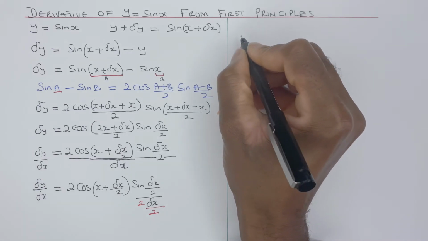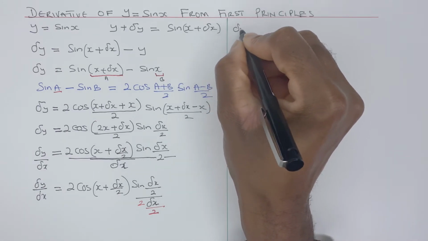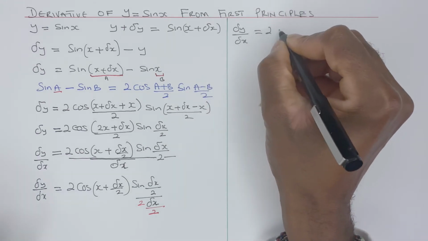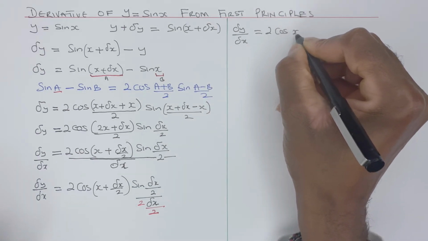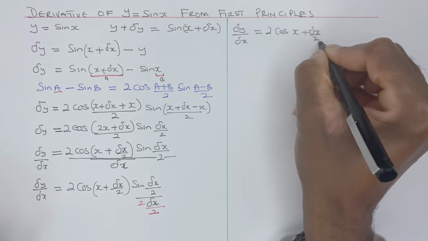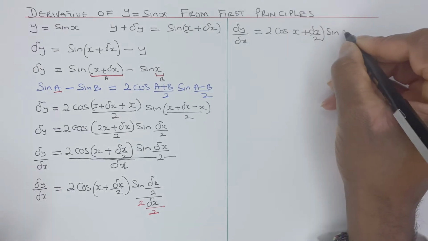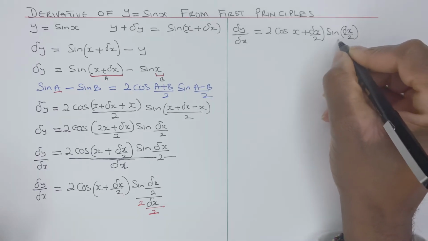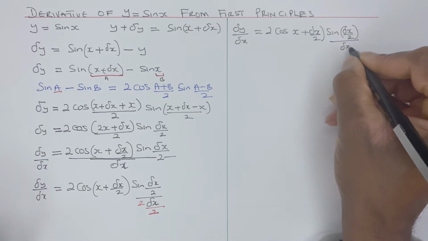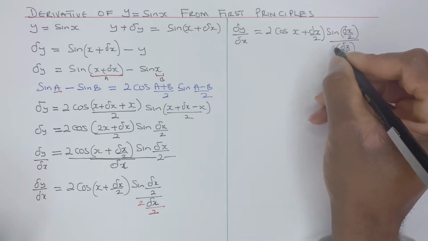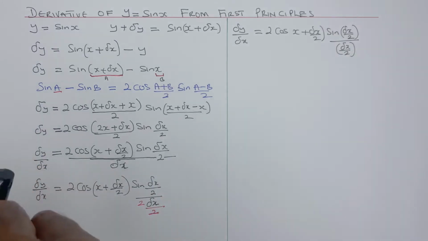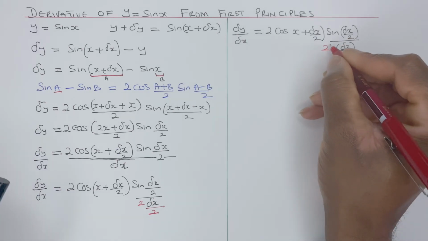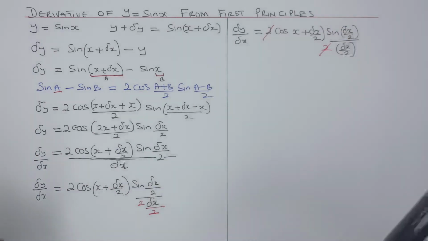That can be written as delta y over delta x equals 2 cos of (x plus delta x over 2), sine of (delta x over 2) over (delta x over 2). And then there's a 2 here as well, which I need to not forget, but that 2 cancels that 2. So that's what happened there.